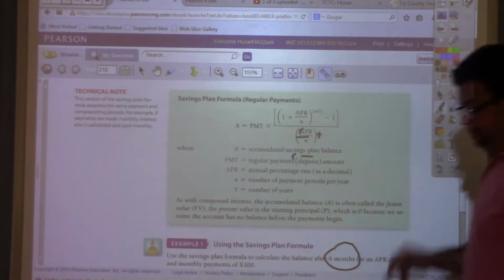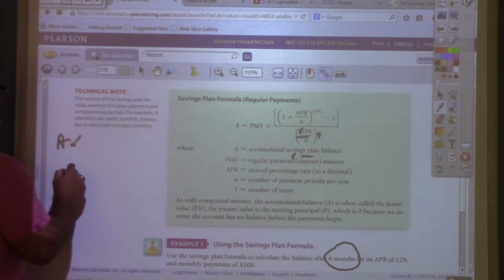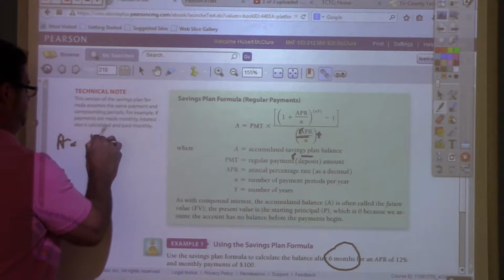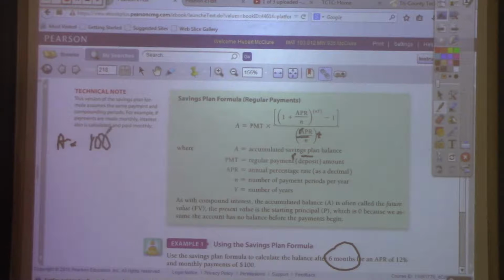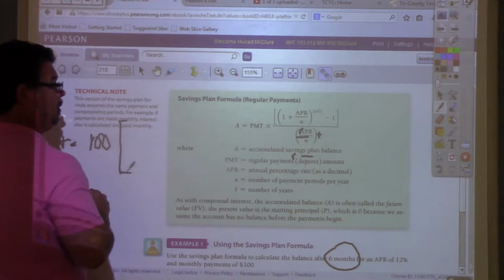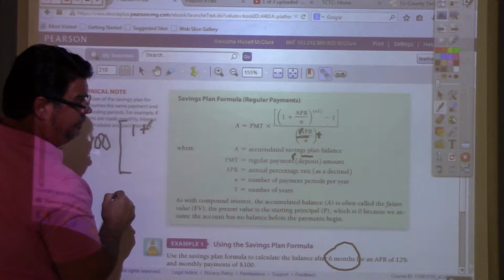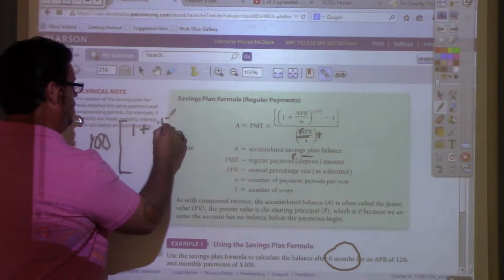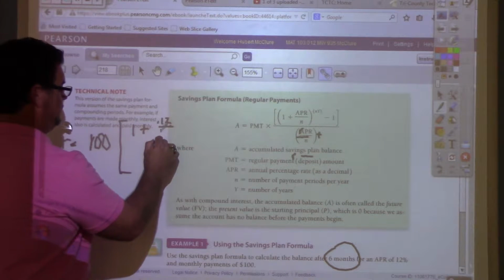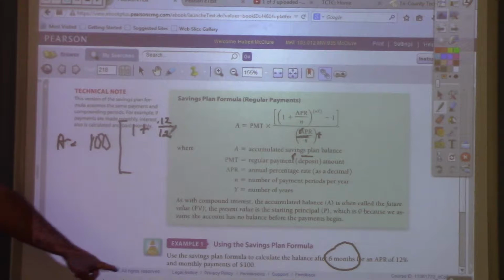So in this problem, we're going to have A is equal to 100 times (1 plus 0.12 over 12, because most of the time we're talking about 12 payments a year, right? We pay monthly. Does it say that in there? Monthly payments.